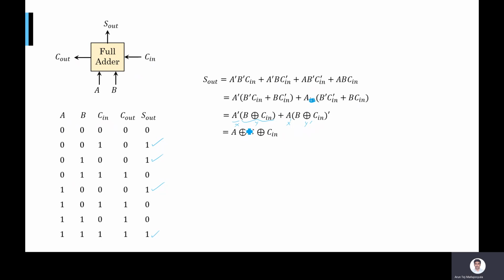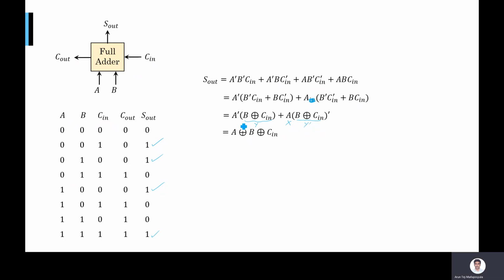Which should be XNOR, no? Why did I write XOR? Let me check. Okay, so yes, X I am considering as A, X is A, B XOR C is Y, and therefore this is A, X, and B XOR C complement.